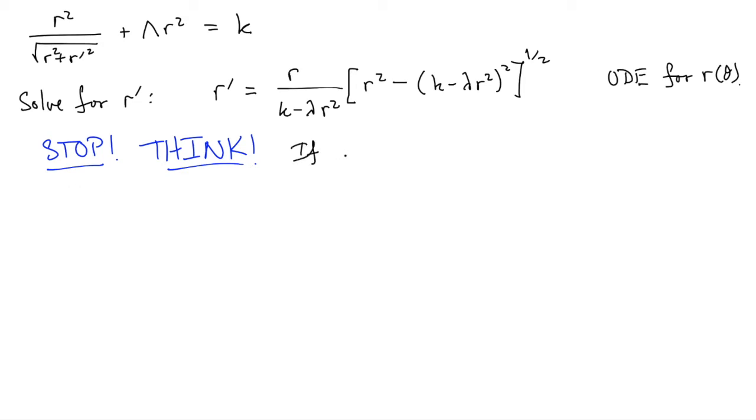That is to say, if r squared minus k minus, I said little lambda, where did little lambda come from? This should be capital Lambda. If r squared minus k minus lambda r squared, squared, is 0, then r prime equals 0, and r is constant. And that is the solution, right?